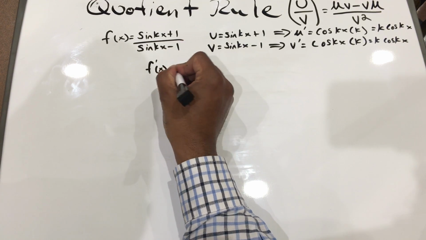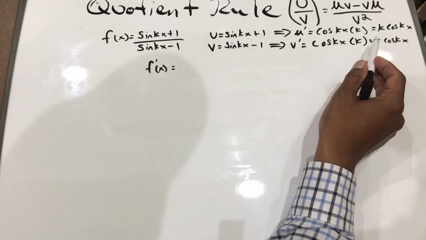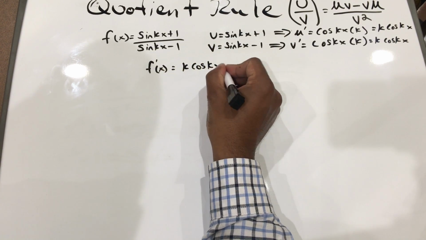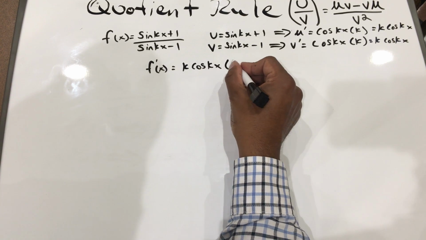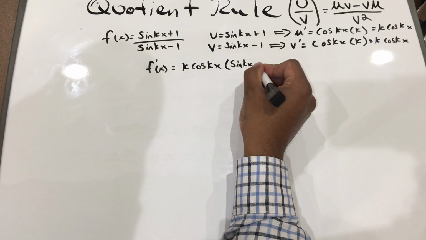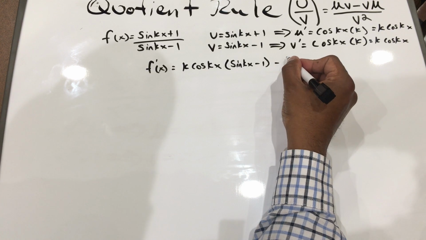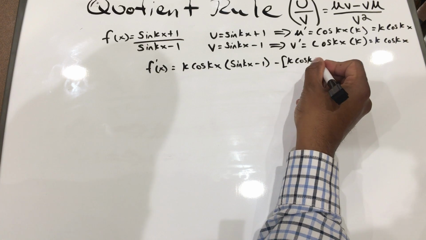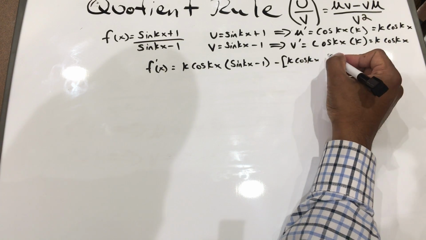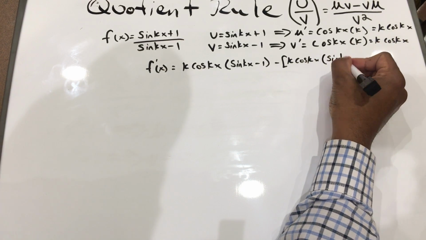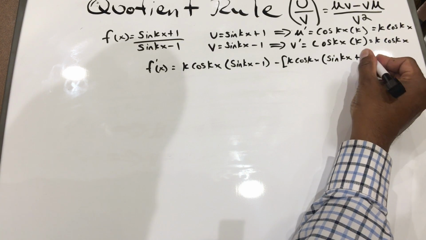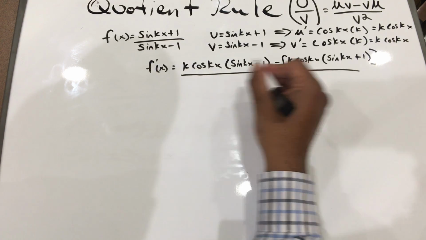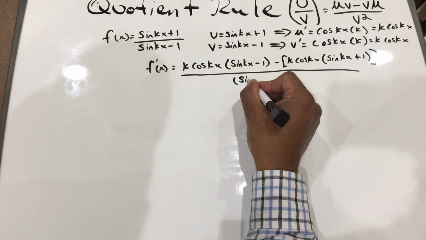So f prime of x equals, let's start with u prime, k cosine kx, u prime v, minus v prime, which would again be k cosine kx, v prime u, all divided by v squared.